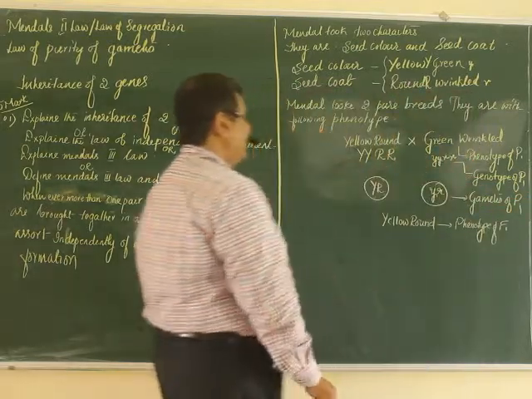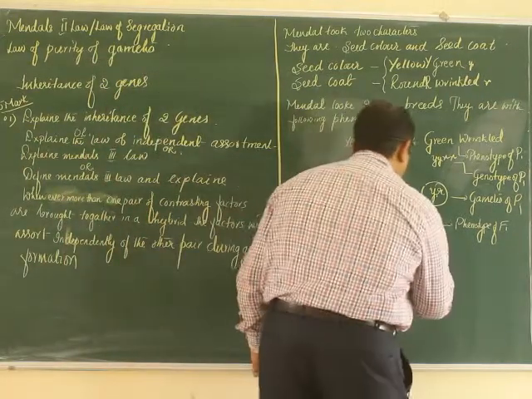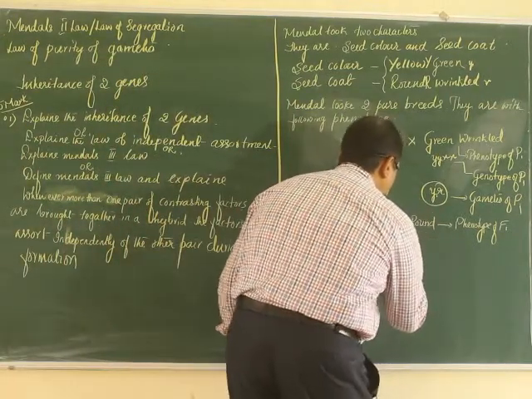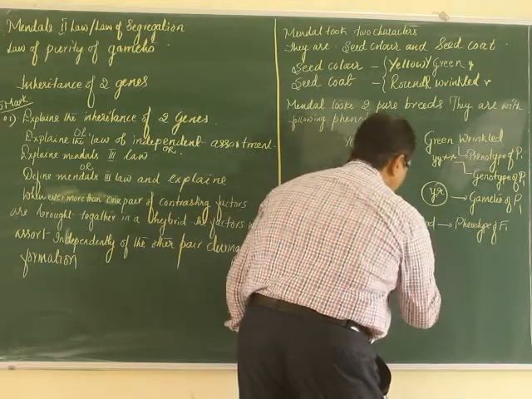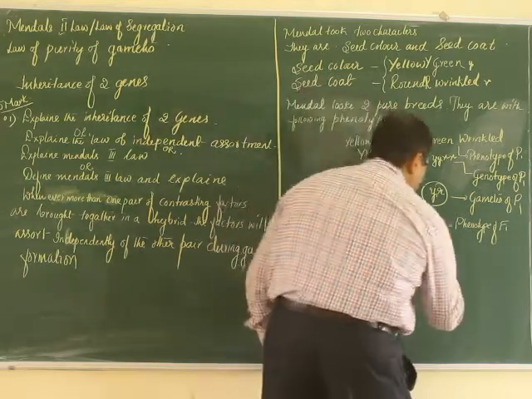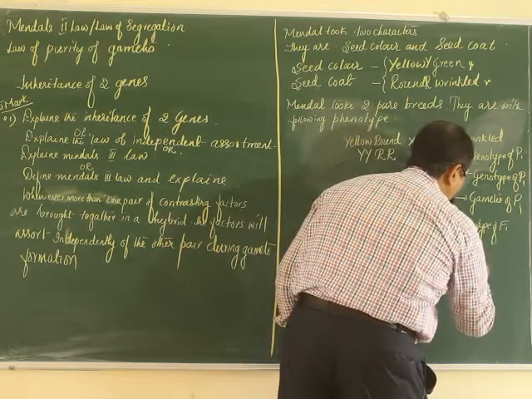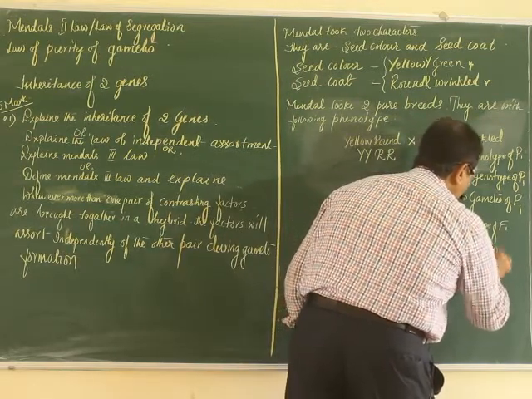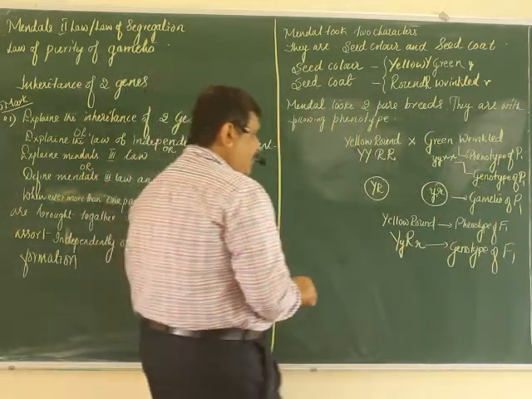My dear students, when these gametes are fused, what am I going to get? Capital Y, small y, capital R, small r. This is the genotype of F1. Is it clear? Now it produces gametes.